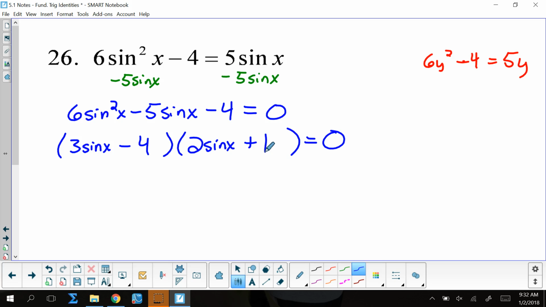Now what do I have to do? Now that I've got it in factored form, set both factors then to 0.